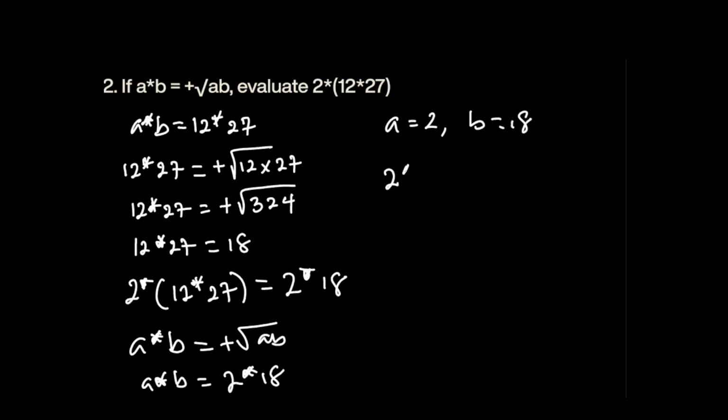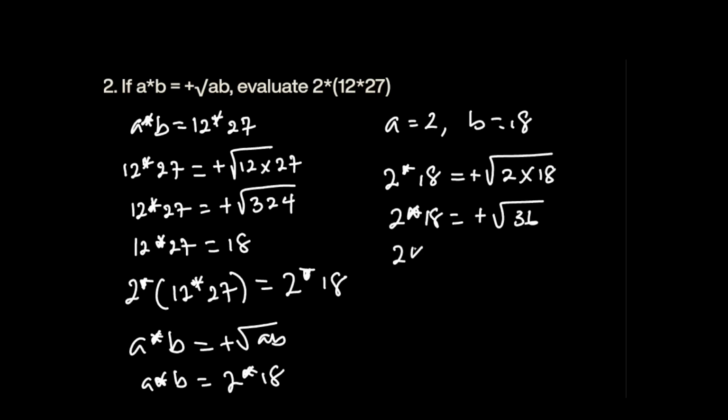Then we have that 2 operation 18 is equal to plus square root of 2 times 18, and that gives us plus square root of 36. 2 operation 18 will give us 6. For that reason, we can conclude that 2 operation, 12 operation 27, equals 6. And that will be the final answer to the question.